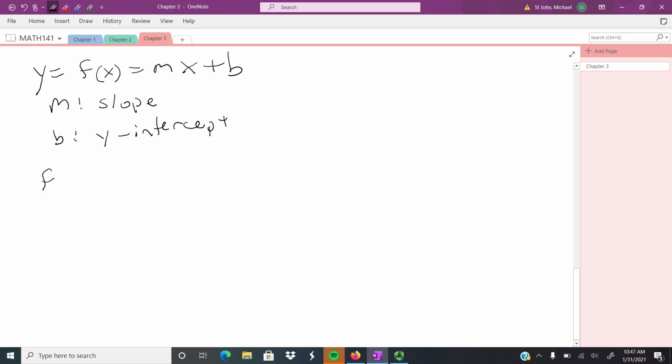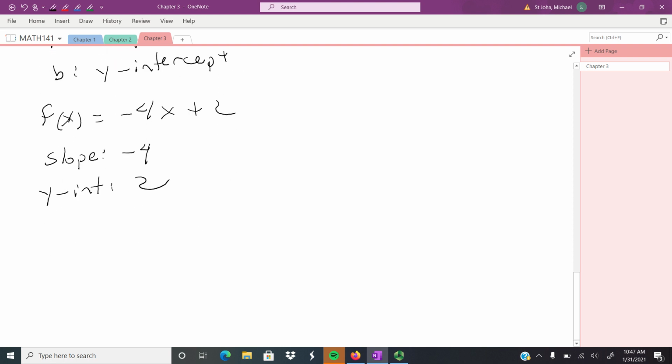If I had f of x equals negative 4x plus 2, my slope is negative 4, and my y-intercept is going to be 2. In this case, this function would be decreasing.